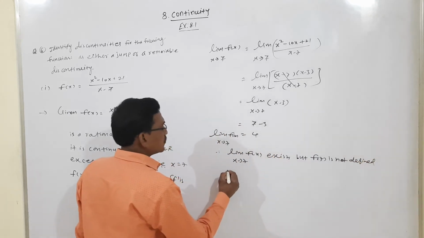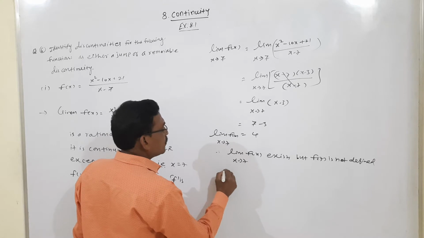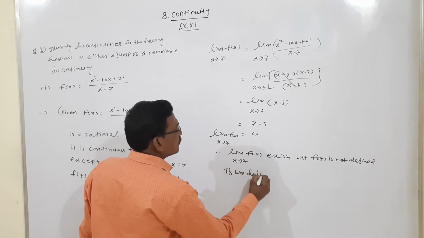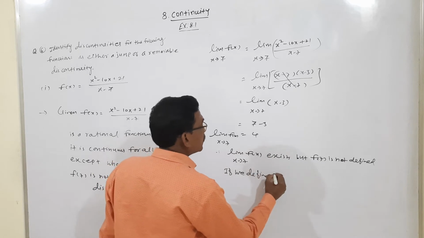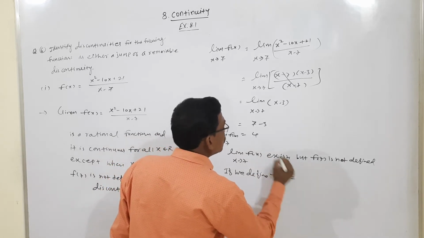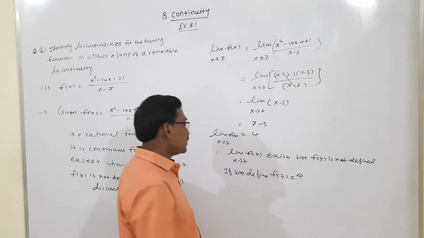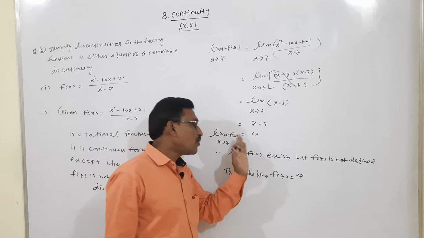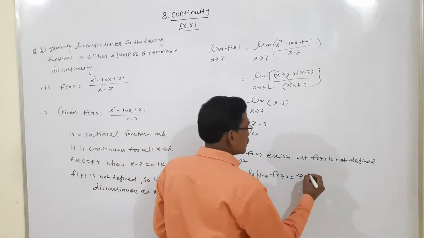So if we define f of 7 equal to this 4, then the function is continuous.